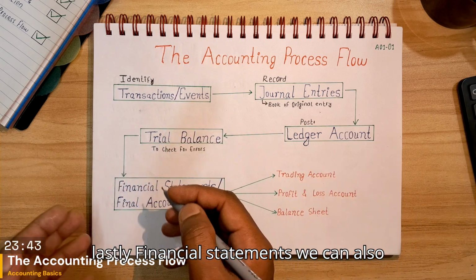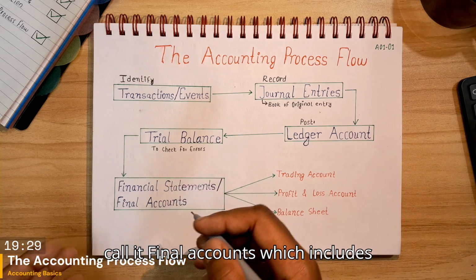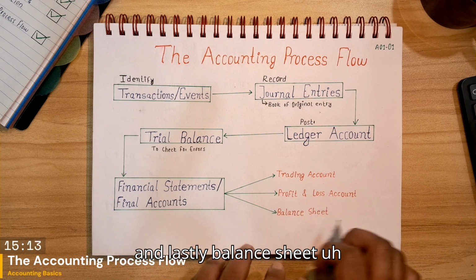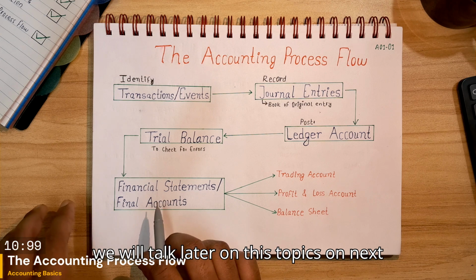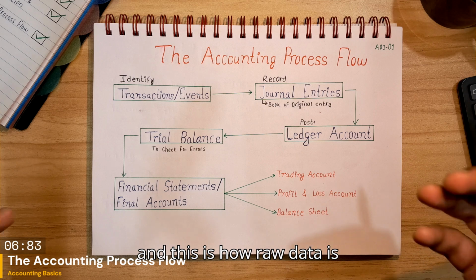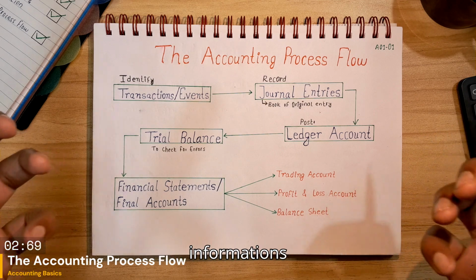And lastly, financial statements. We can also call them final accounts, which include the trading account, profit and loss account, and lastly, the balance sheet. We will talk about these topics in the next video. And this is how raw data is converted into useful financial information.